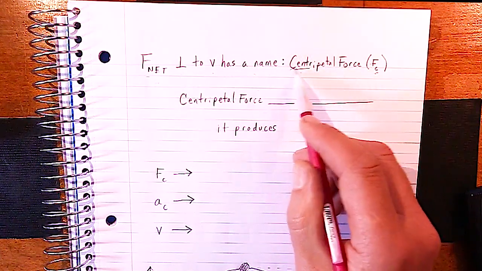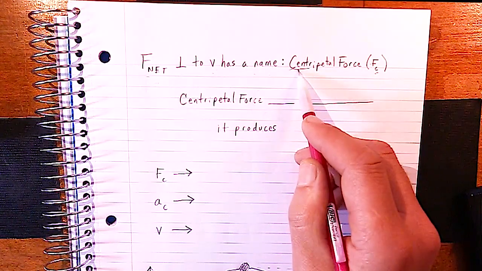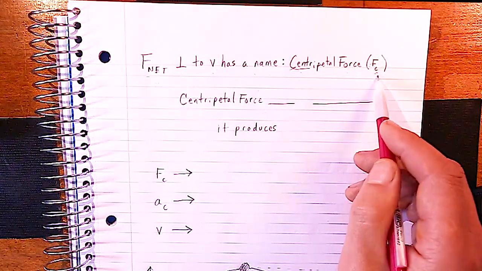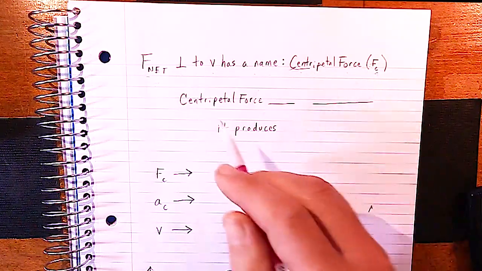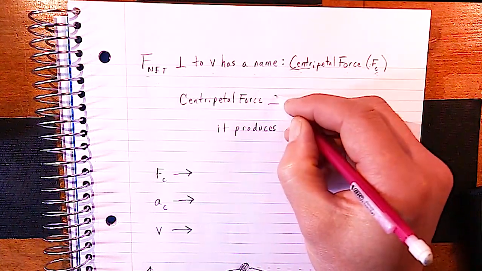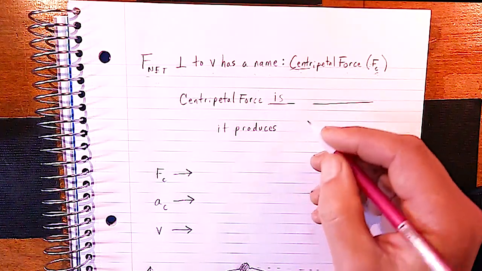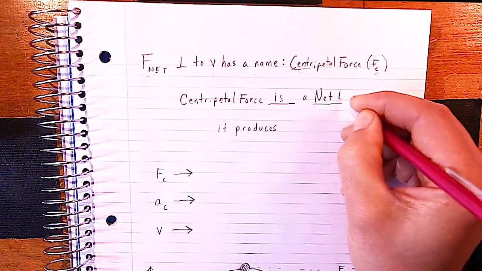The word center is almost written in centripetal. It's the center-seeking force. The abbreviation is F_C, and that C helps to remind us that it's towards the center. But again, I have to stress this, especially if you're doing more advanced physics, that centripetal force is a net force.